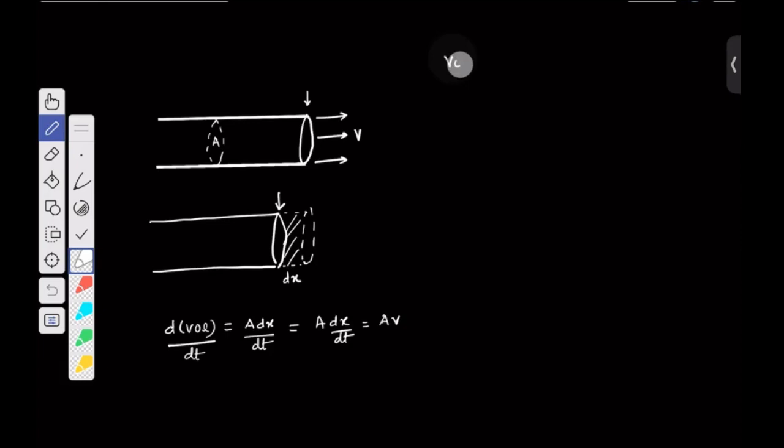So the volume flow rate, this is something that we call volume flow rate, is going to be A into V. Next, if I want to figure out the mass flow rate, that is also simple. So if I ask you what is the mass that is going to pass through the cross section in a very small time interval dt, suppose the length that passes through is dx.